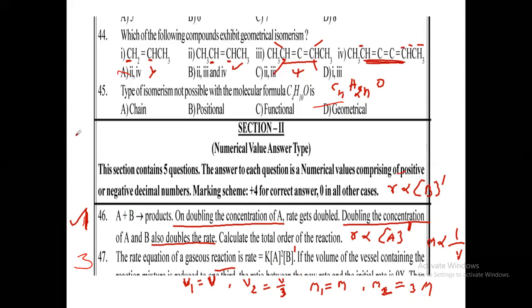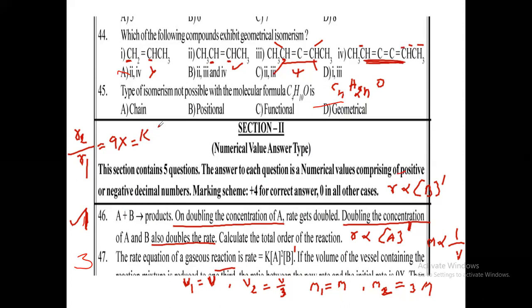Now R2 by R1, the final rate of reaction by the initial rate of reaction, is equal to what is given in the question, 9x. Now what is R2? The rate constant of the reaction does not change.